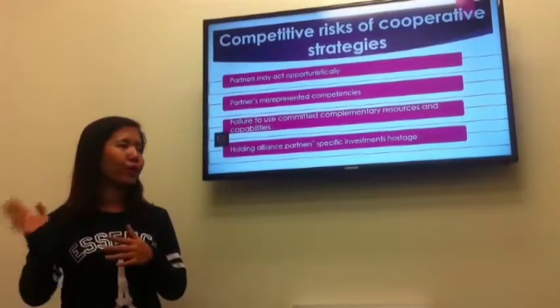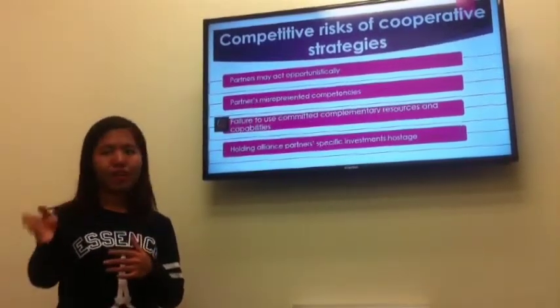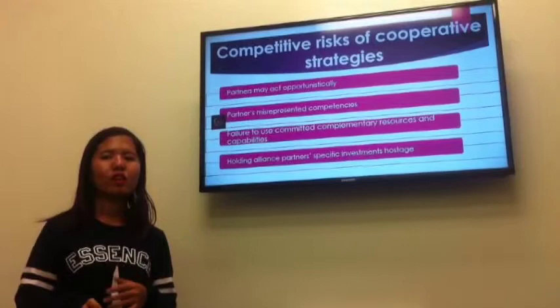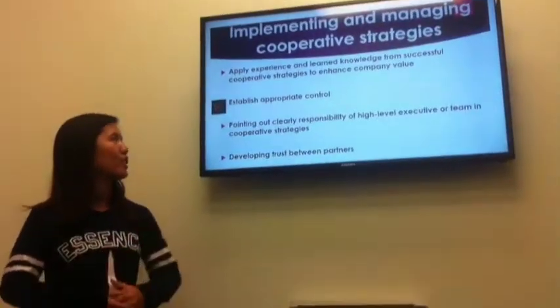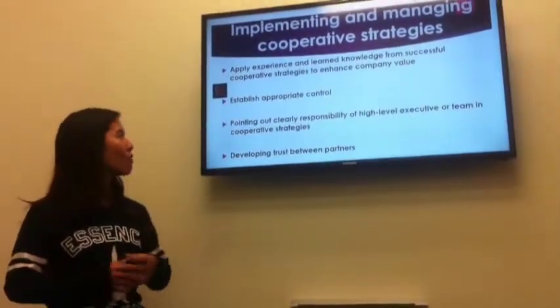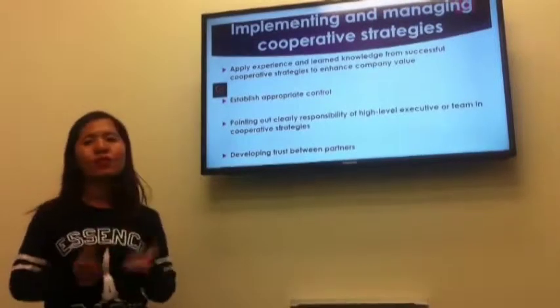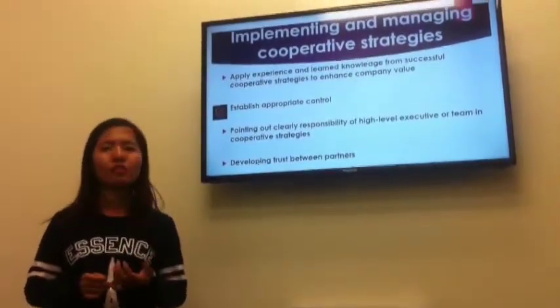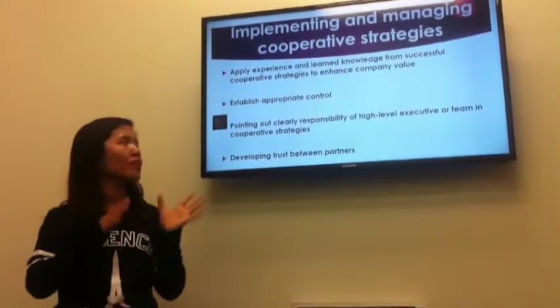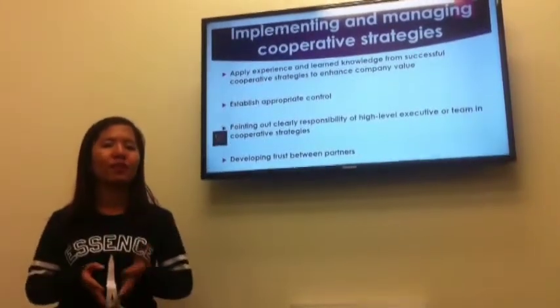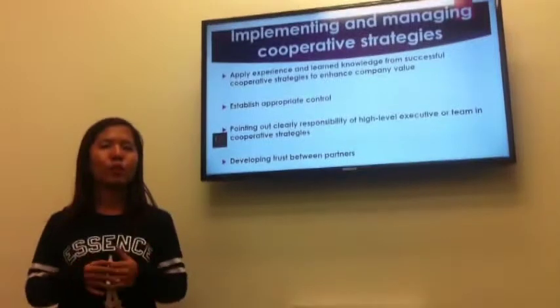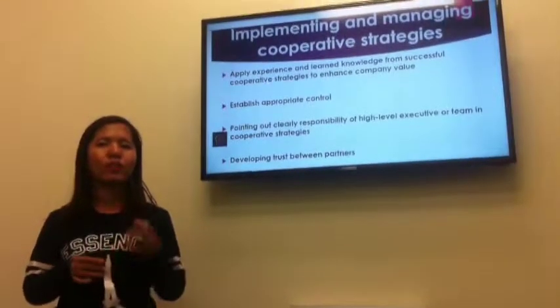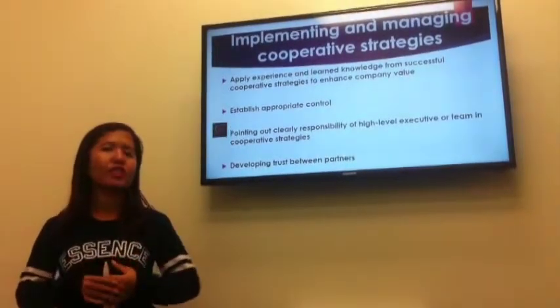So the next slide we will continue with implementing and managing cooperative strategies. There are four ways to do this. The first is we can apply experience and knowledge from successful cooperative strategies to enhance company value. The most important thing is we have to distribute the experience to the appropriate positions.